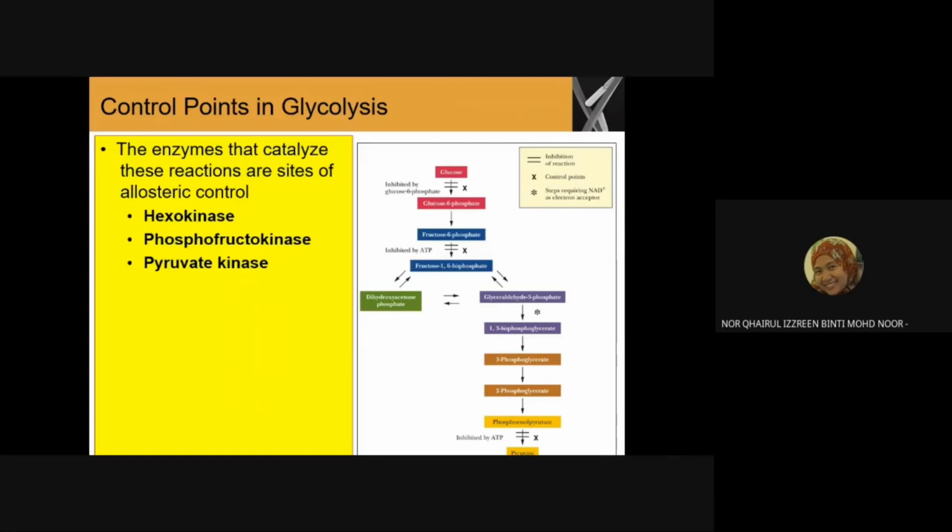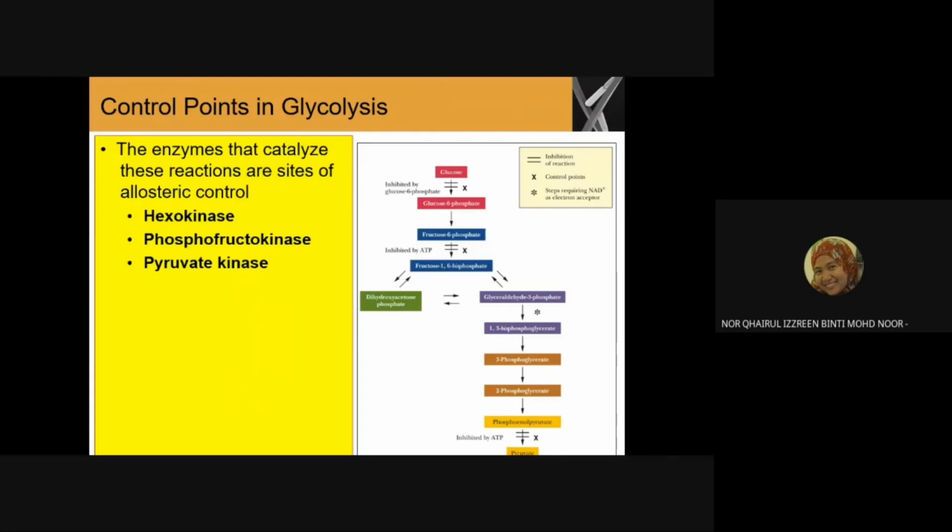Note that 2 control points happen at the first stage of glycolysis, which is the investment stage. And then at the second stage, the last control point happens at the last step of glycolysis, when phosphoenolpyruvate is converted to pyruvate.